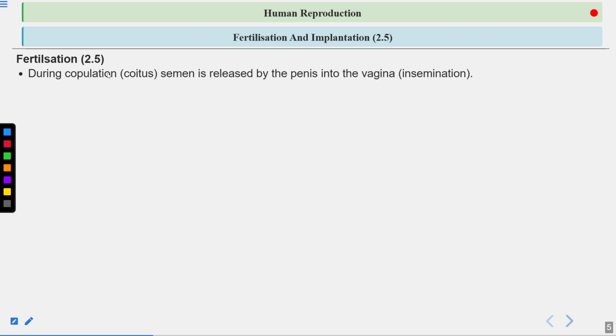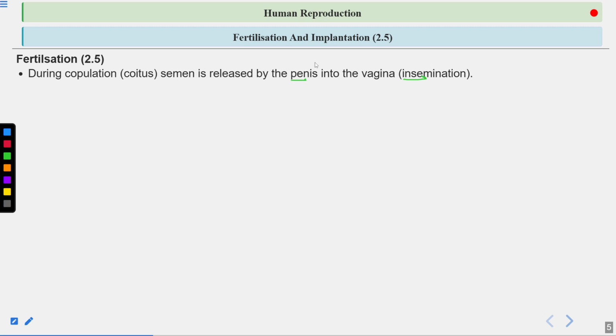Semen consists of the sperms. The scientific term given to this process is insemination, which means the transfer of the sperms into the female genital tract.